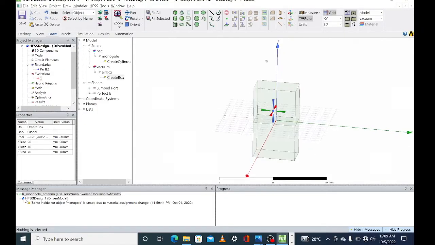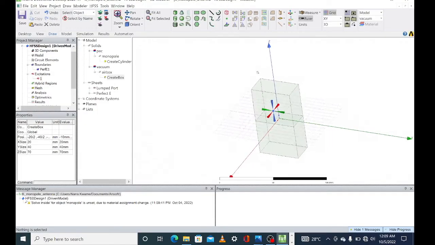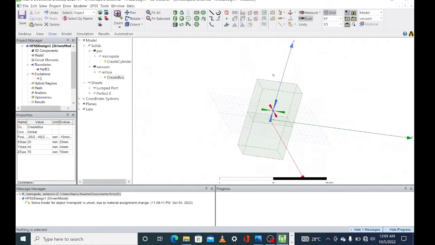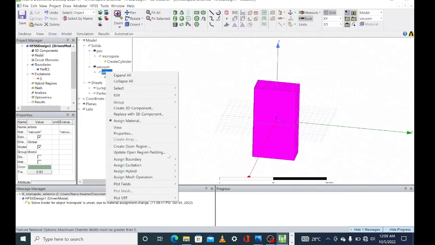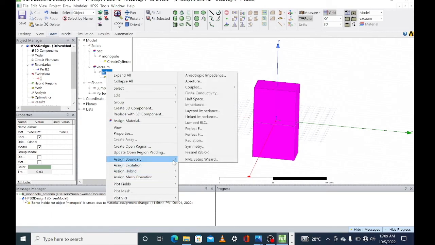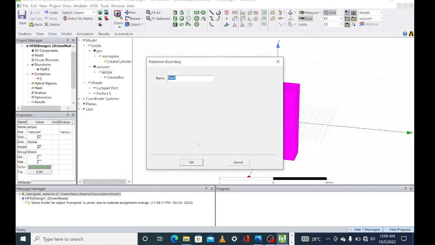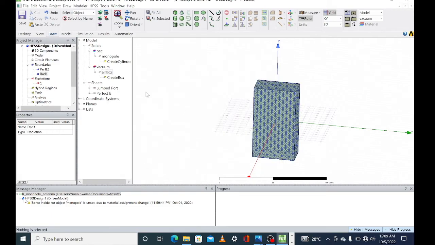Everything is perfectly aligned inside. Everything is well. So I will assign radiation to my airbox. That is, assign boundary radiation to my airbox.